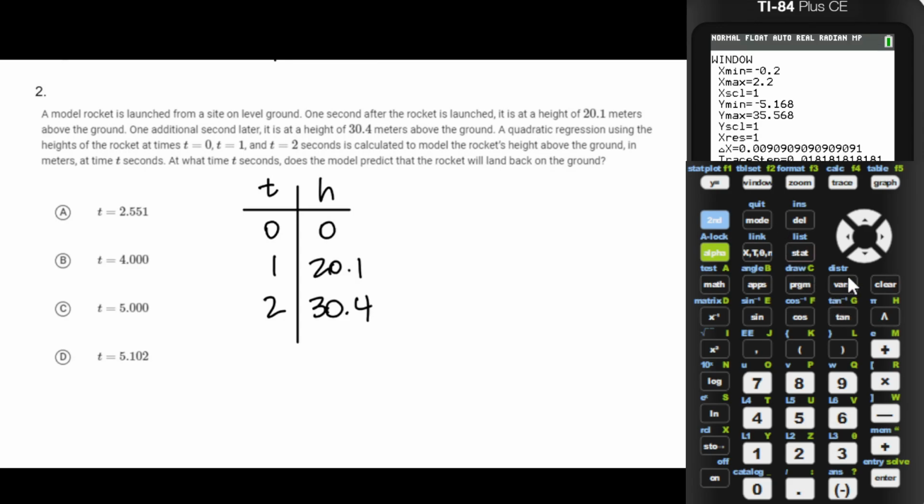X is going from 0 to 2, but we change that to 0 to 10 and see what happens. It's up, and then it's coming down, and we found the time at which it hit the ground. That's going to be the zero of the parabola, so that's a left bound, and this is a right bound, which would be a good guess. 5.102, and that's answer choice D.